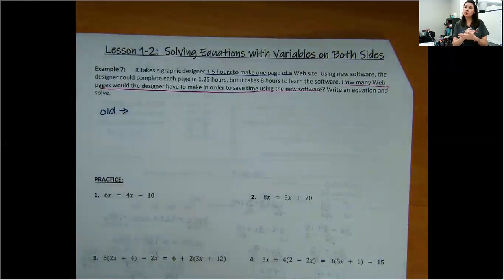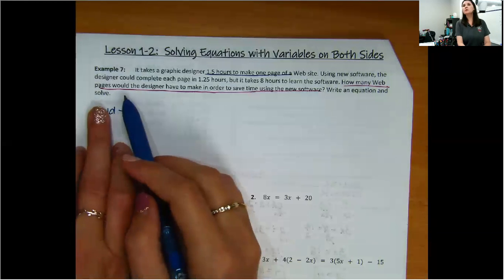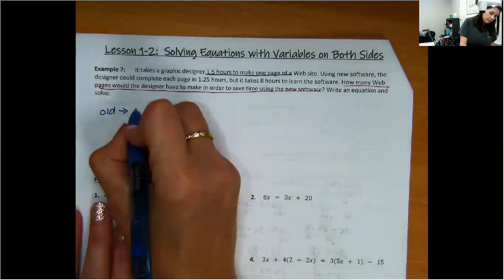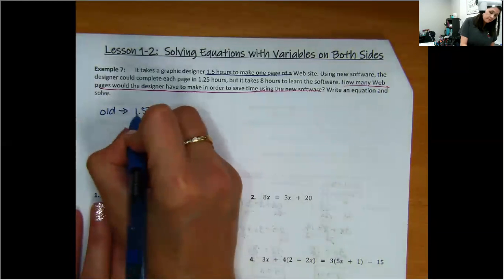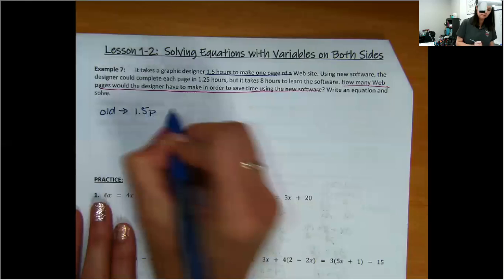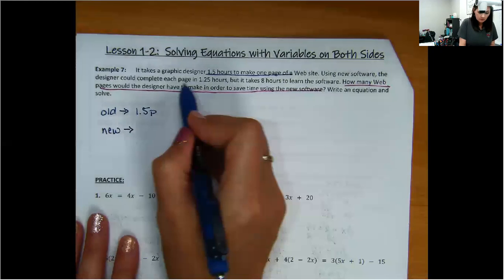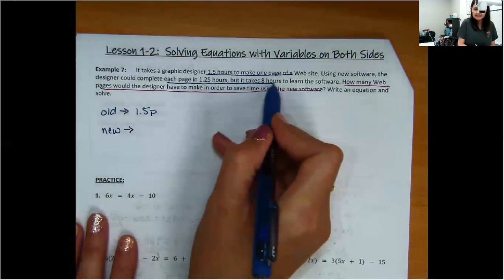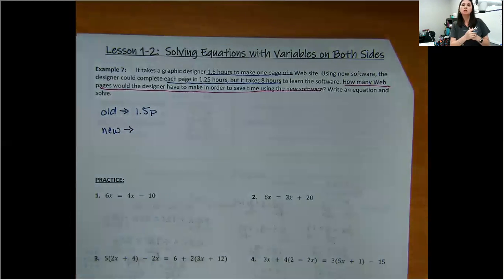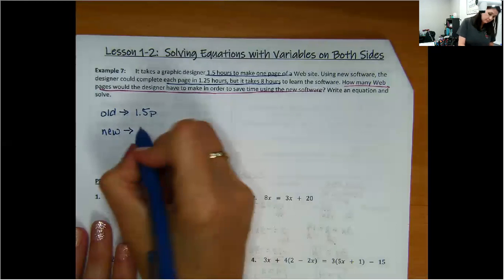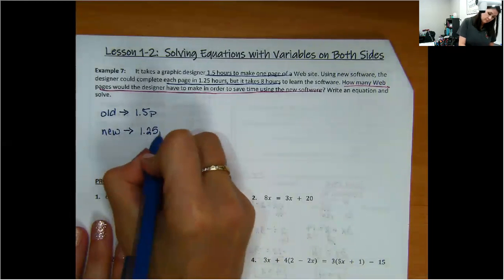We have to attach a variable, so we're going to do P for pages. 1.5P. 1.5 hours per page is basically what that is. Now with the new software, each page is 1.25, but it takes 8 hours to learn. So how would we write that expression? 1.25P plus 8.